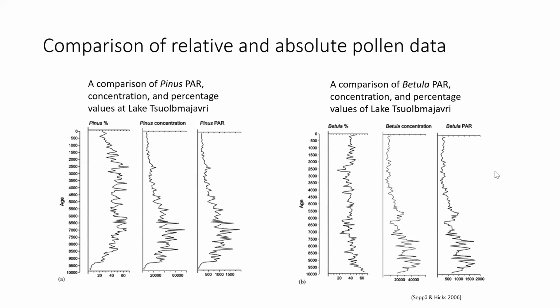Using both, we can get different information about the site and how the vegetation has changed. This is from northern Finland, so the vegetation changed towards more tundra-like vegetation and the amount of tree species decreased, causing the decrease in the abundance of the taxa.